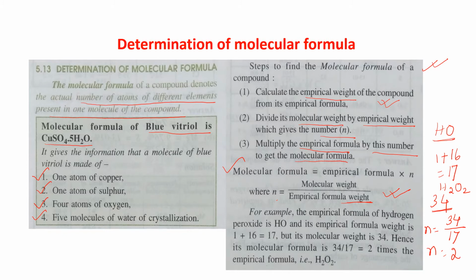Suppose I don't know it, then molecular formula is equal to empirical formula into N. This empirical formula is HO, into N, which is 2, so in total I am getting H2O2. This is my molecular formula.